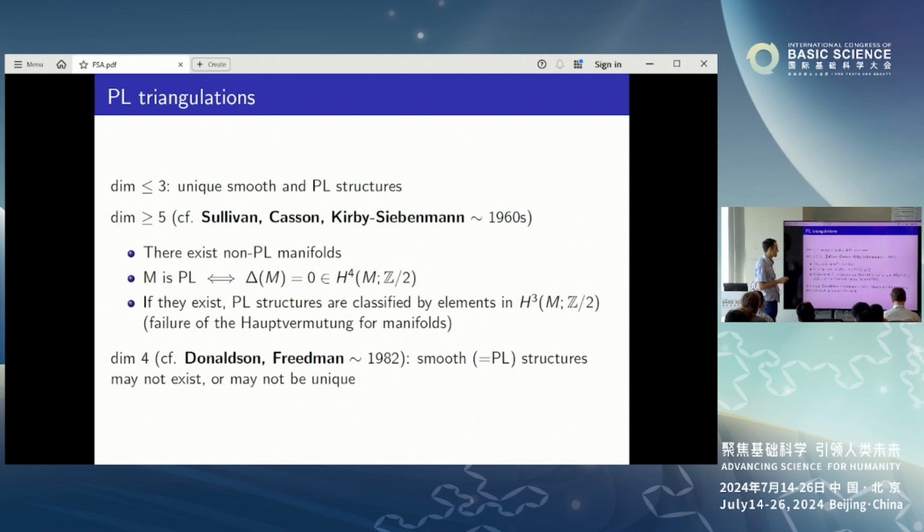In dimension 4, the smooth category and the PL category are the same, so a smooth structure is the same as a PL structure. And by the work of Donaldson and Freedman in the 80s, it turns out that also in dimension 4, there exist non-PL, non-smooth topological manifolds, and smooth structures may not be unique. That's the whole story.